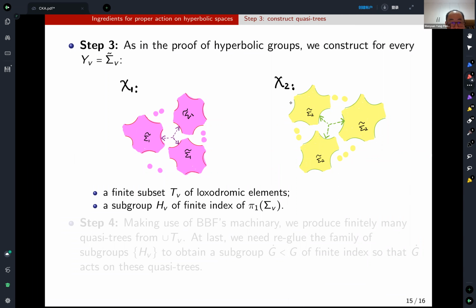For each hyperbolic base surface, you can construct a finite set of loxodromic elements, so a finite family of quasi-lines, also of a subgroup of finite index in this surface group.